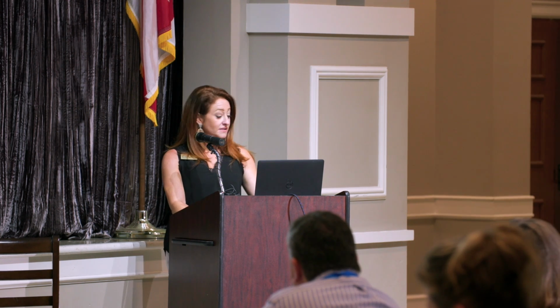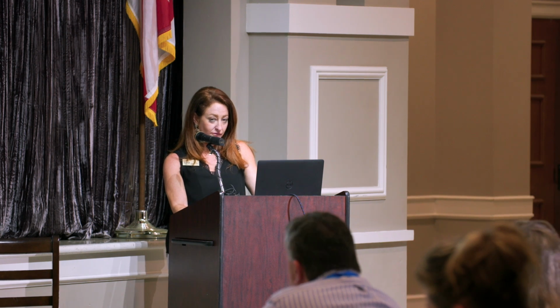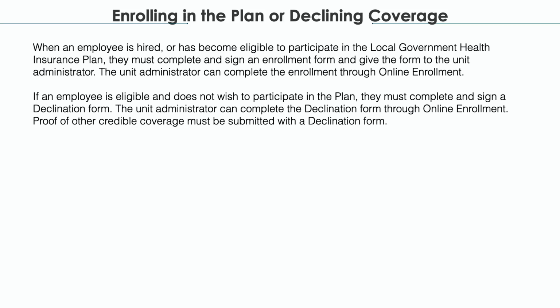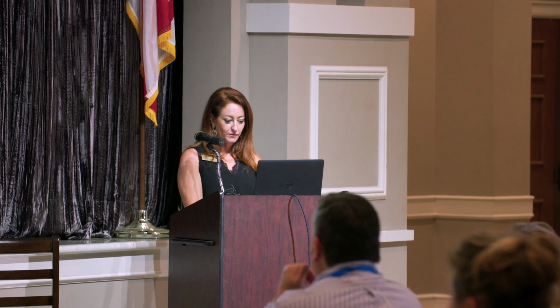All right, so now that we've discussed who is eligible, let's discuss how to properly enroll in the plan or decline coverage. When an employee is hired or has become eligible to participate in the local government health insurance plan, they must complete and sign an enrollment form and give the form to the unit administrator. The unit administrator can complete the enrollment through the online enrollment process or can fax or mail the forms to us.